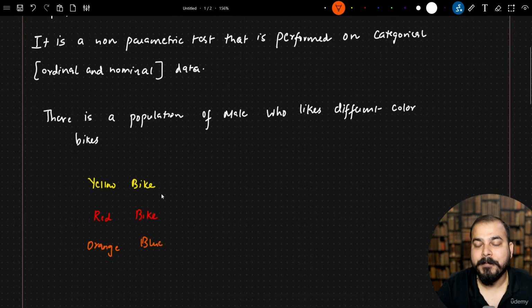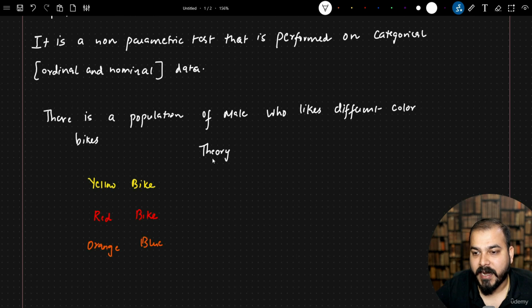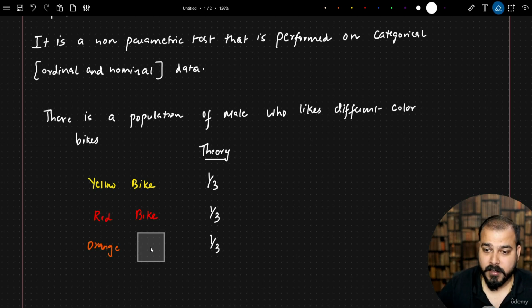Now with respect to this, there is a population of males, and let's consider there is a theory about the population. It says that 1/3 of males like the yellow bike, 1/3 like the red bike, and 1/3 like the orange bike.